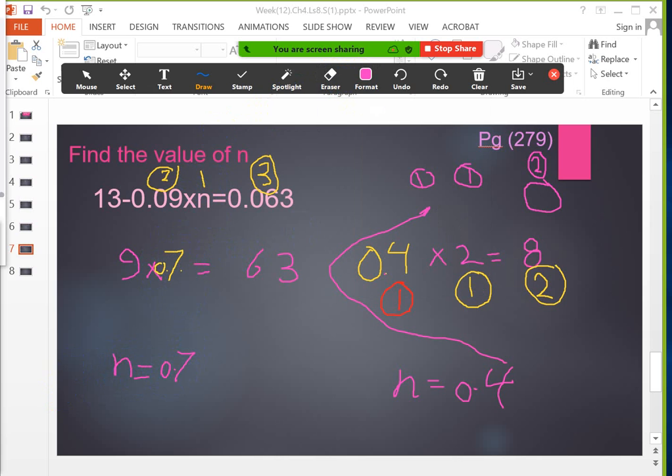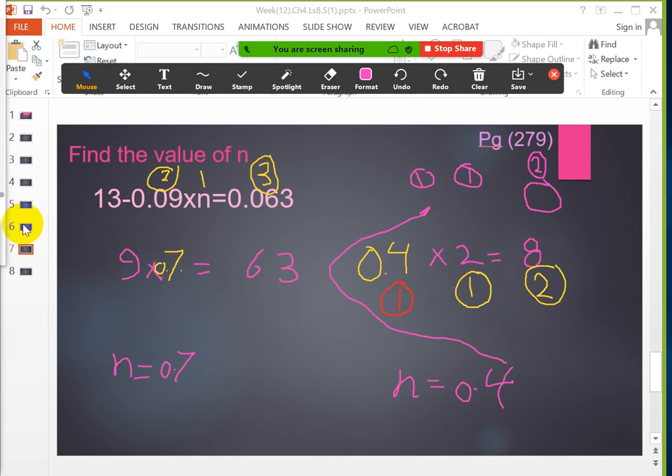Okay, Real, you said you have a question. What's your question? Teacher, I want to ask you why we can't write 0.04. You mean this example? Yes. Because you have only 1 digit here. I have 2 digits in 0.08.